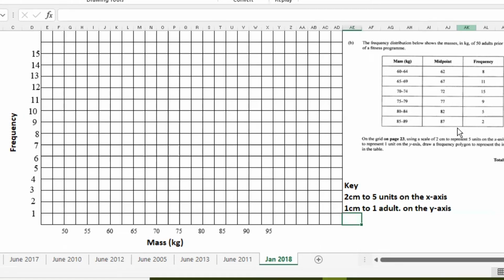In this case, the class interval before this would have been 55 to 59, so our midpoint would have been 57 with a frequency of 0.